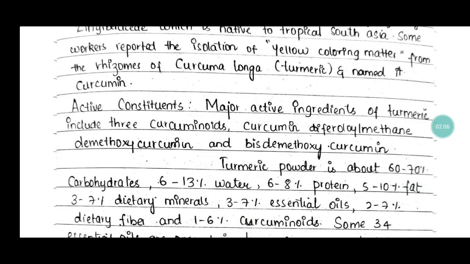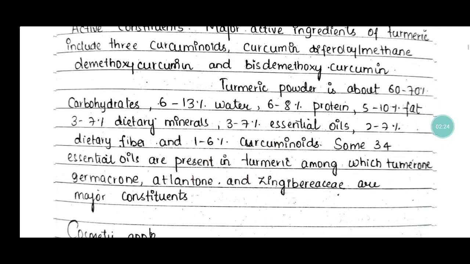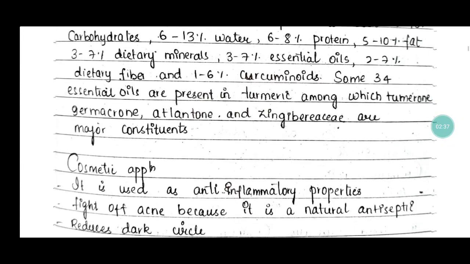Turmeric powder is about 60 to 70% carbohydrate, 6 to 13% water, 6 to 8% protein, 5 to 10% fat, 3 to 7% dietary minerals, 3 to 7% essential oils, 2 to 7% dietary fibers, and 1 to 6% curcuminoids. Some other 34 essential oils are present in turmeric along with turmerone, atlantone and zingiberene. These are the major constituents.